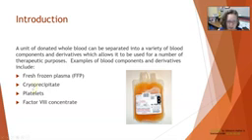There is also cryoprecipitate. So cryoprecipitates are in a much smaller bag than the fresh frozen plasma. Platelets are going to be in a bag that's bigger than that of the fresh frozen plasma, but platelets are not frozen. They're going to be at room temperature. And then factor VIII concentrate, and that's again going to be in a much smaller container.